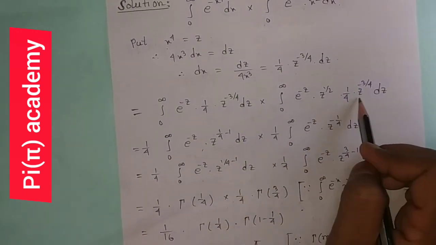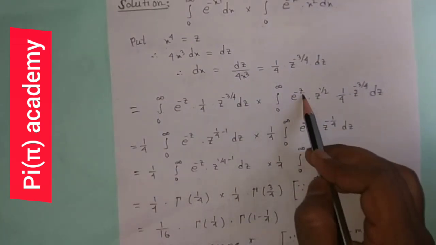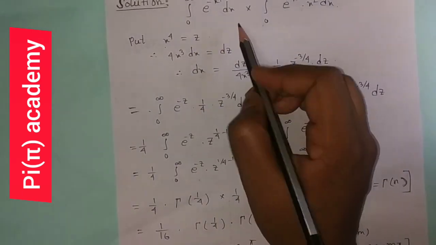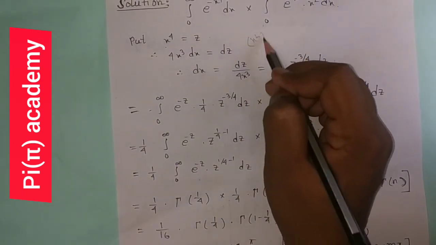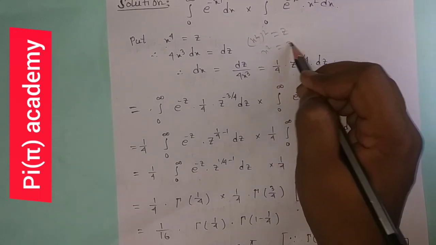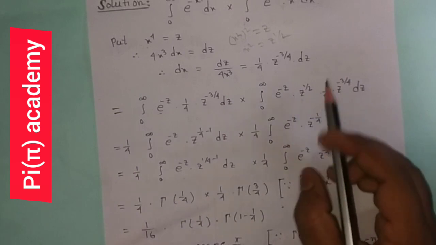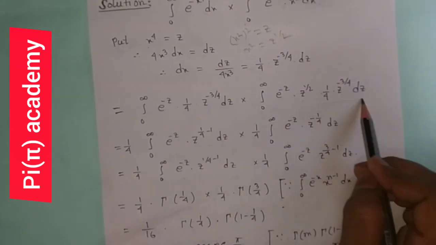Similarly here e to the power minus x to the power 4 is e to the power minus z, and the value of x square: x square whole square equals z, therefore x square equals z to the power half, and the value of dx is this.